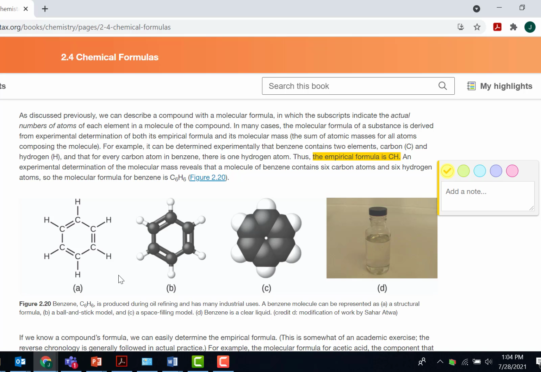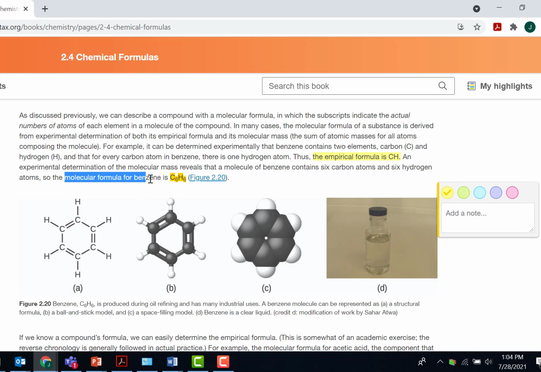The molecular formula, actually we're not showing the, oh, here it is right here, okay? So this is, actually, let me go ahead and highlight this whole thing. Molecular formula of benzene is C6H6, okay? So empirical formula CH, molecular formula C6H6.